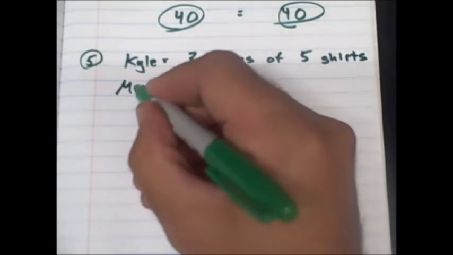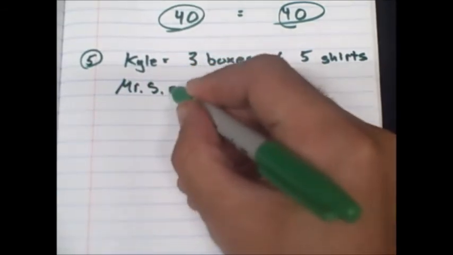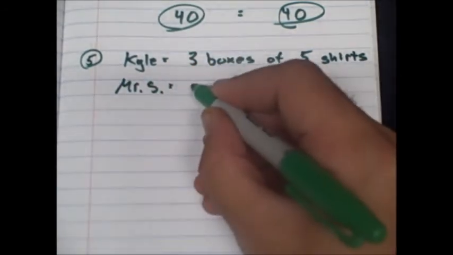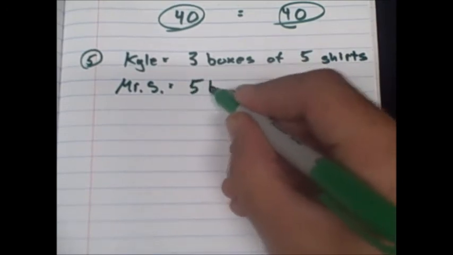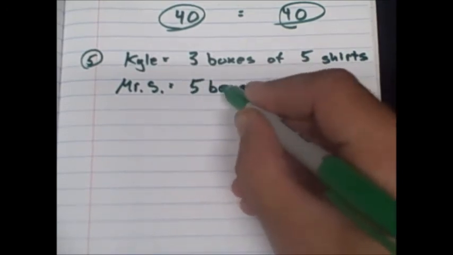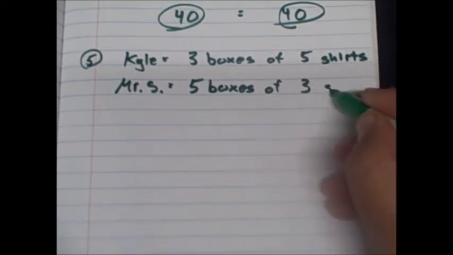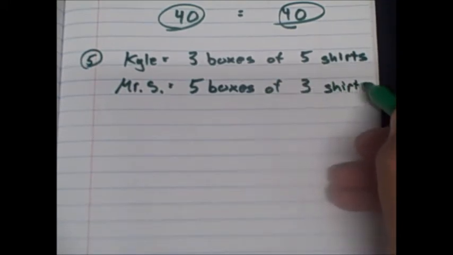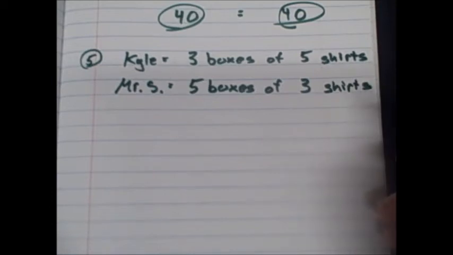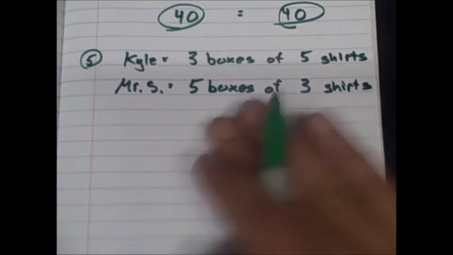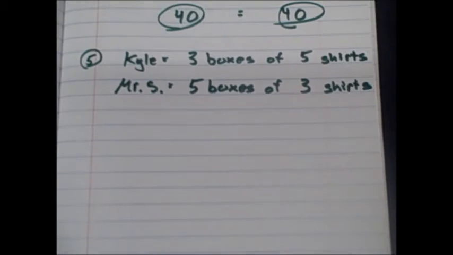And we're going to say that Mr. Shaler has 5 boxes, and each box has 3 shirts. And what I want to know is, who has more shirts? So pause the video and see if you can illustrate this and find the answer.